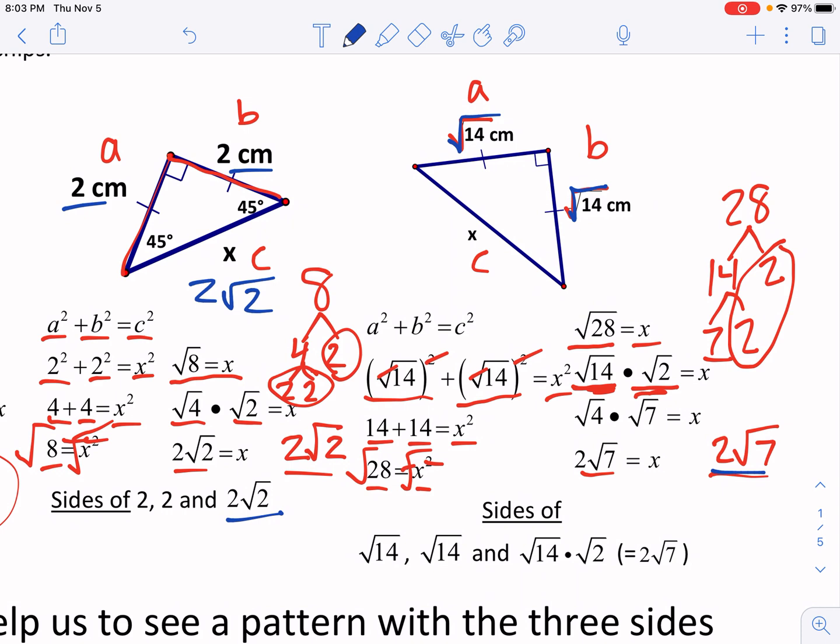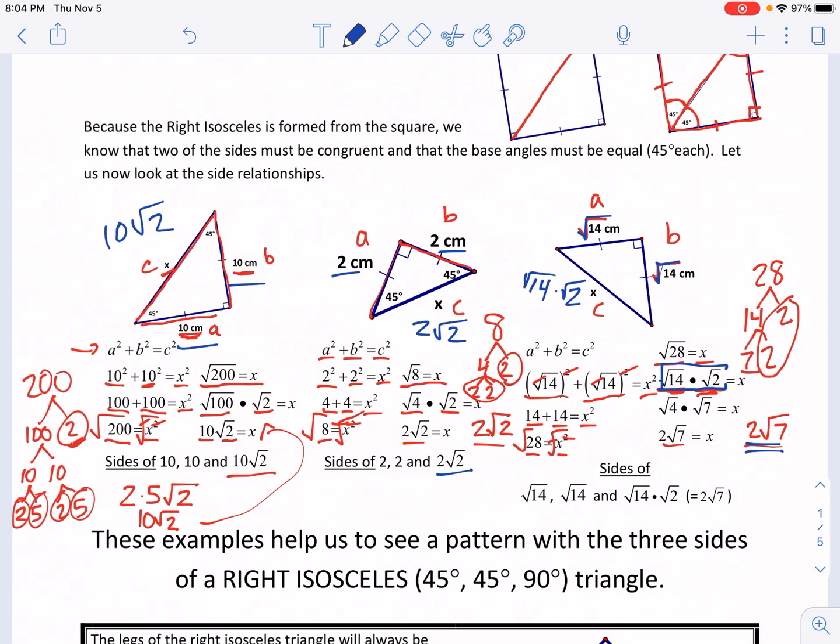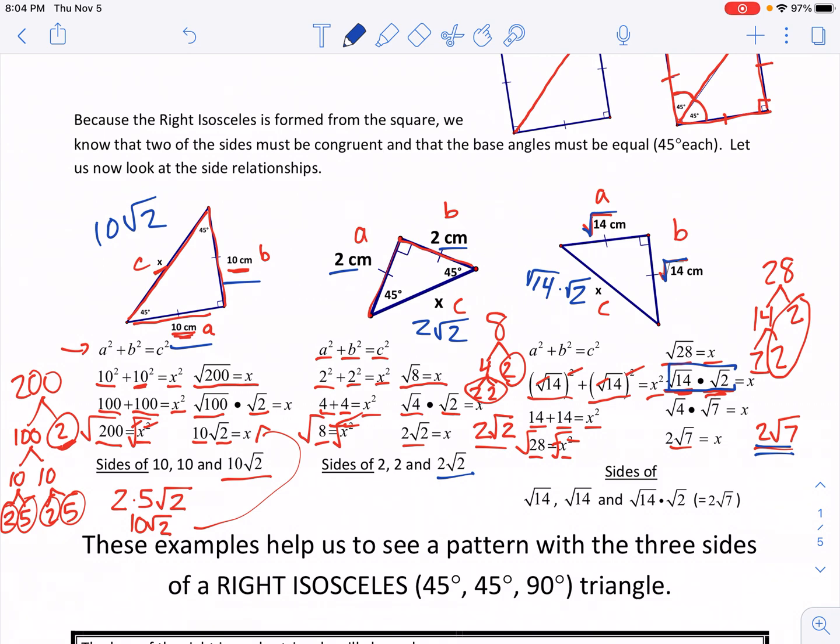But let's backtrack here. This is also an equivalent statement right here, okay? Even though it's not simplified, technically c would also be the square root of 14 times the square root of 2, okay? Which would get us to 2 square root of 7. Well, what pattern emerges there? Well, notice it just takes the side lengths, the legs that we began with, and multiply by what?